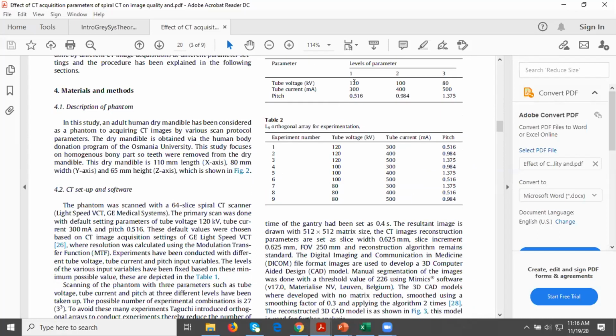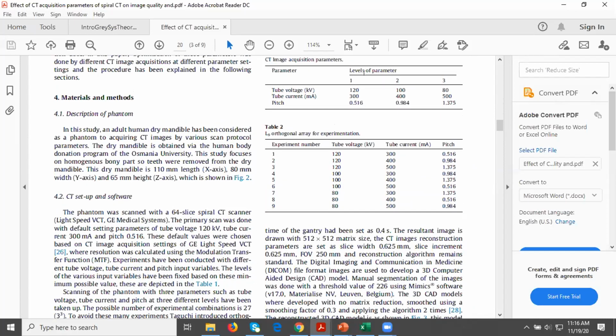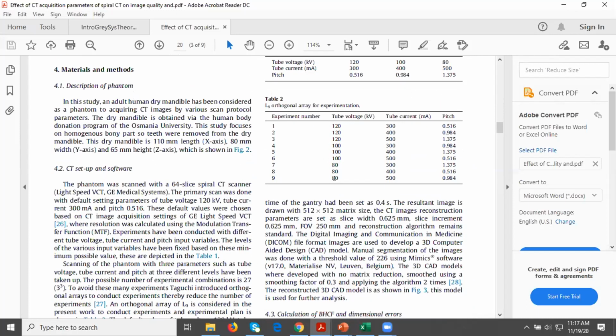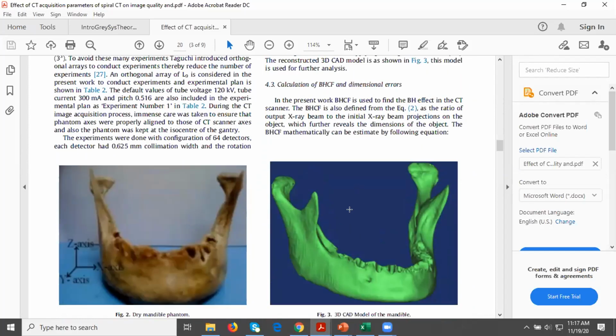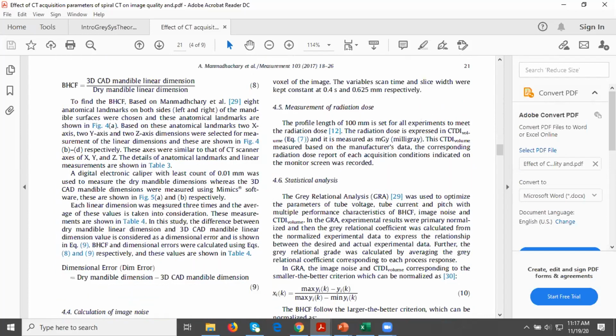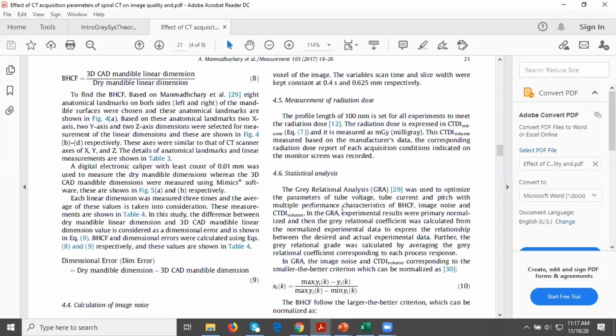Now, these are the input parameters, and each parameter has its factors. From them we did the orthogonal array. Then we did the experimentation. Then we did the CAD modeling here from this mandible. After that we calculated the beam height correction factor, image noise, and radiation dose.